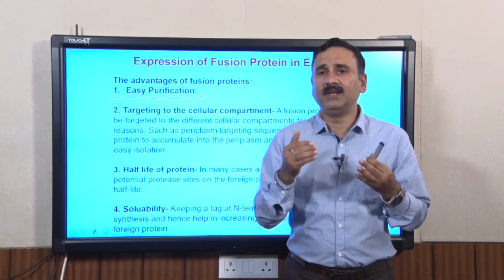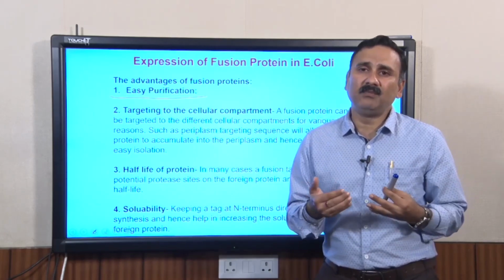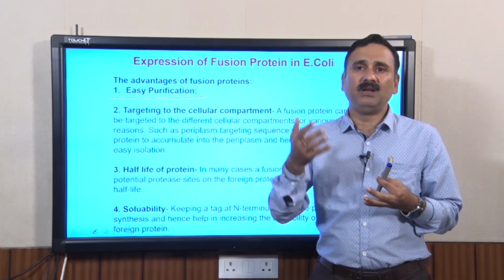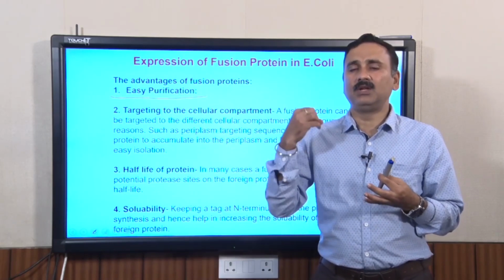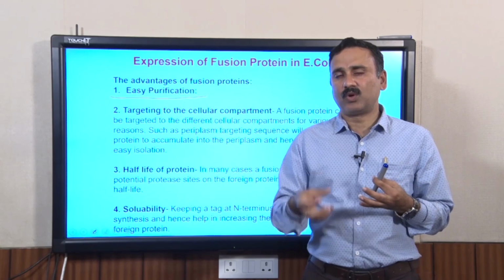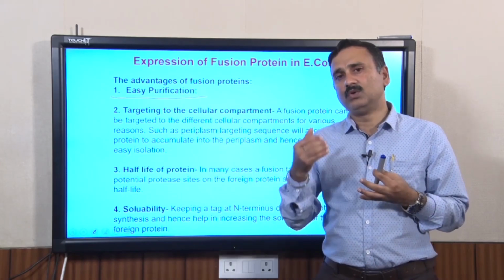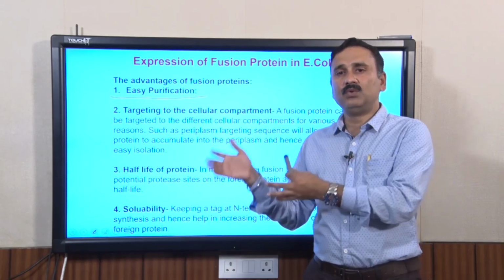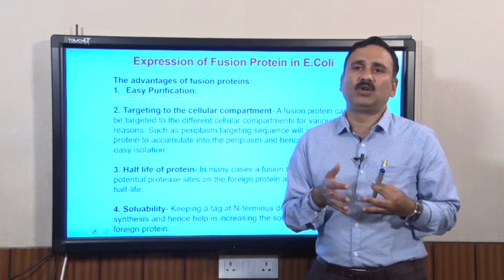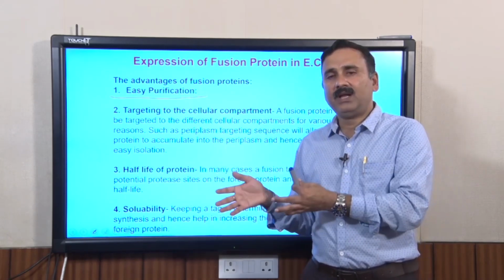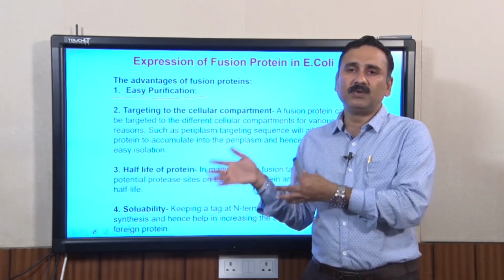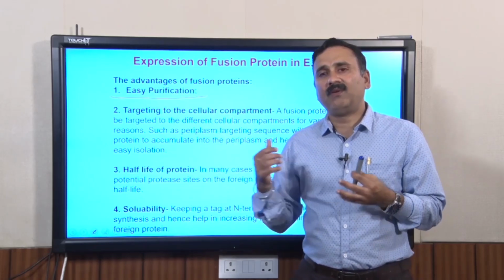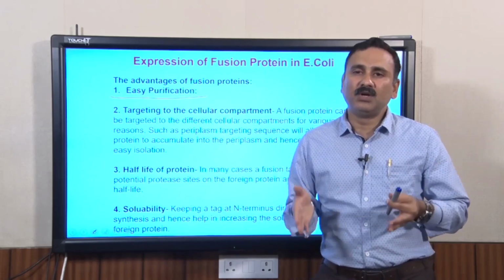Number 5, since you are doing single-step purification, it is economically viable, and it gives you higher production, because you do not lose protein the way you do when you run conventional chromatography columns, where every column step loses some protein.